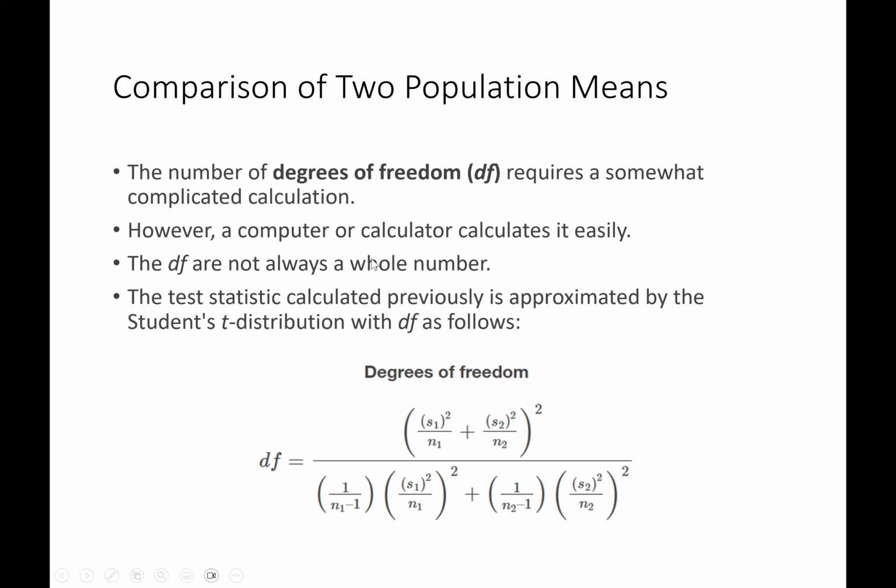So the degrees of freedom for this student's T test is equal to something that's similar to that standard error, where you take the standard deviation of the sample squared divided by its sample size, and then you add those together and you square that, and then you divide by this calculation down here. And yes, we are going to do this once.